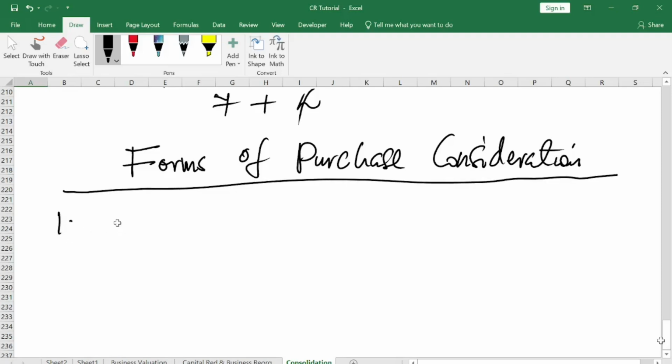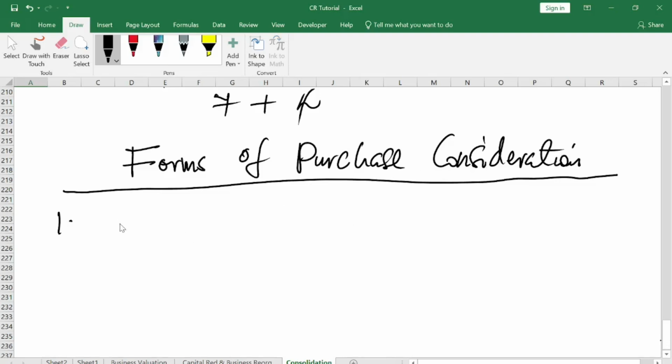When we say purchase consideration, at this level, you understand what purchase consideration is. Purchase consideration is how much the one who is acquiring the company is bringing on board. You understand? So you have company A that is going to acquire company B. How much is company A going to invest in company B and acquire it? That's what we call purchase consideration. I believe you understand this. Now we have forms.